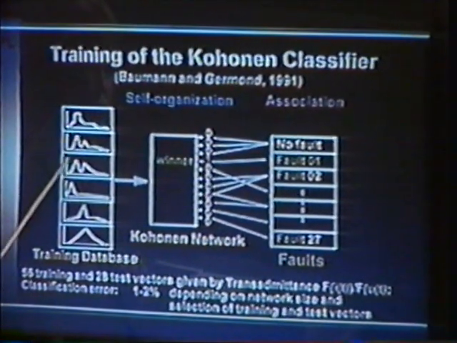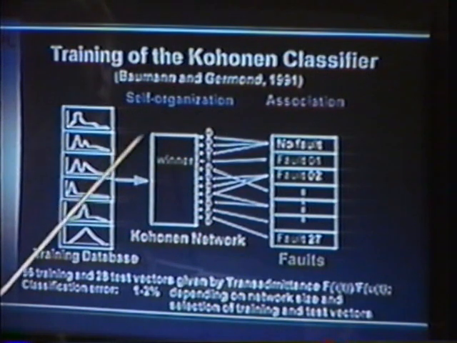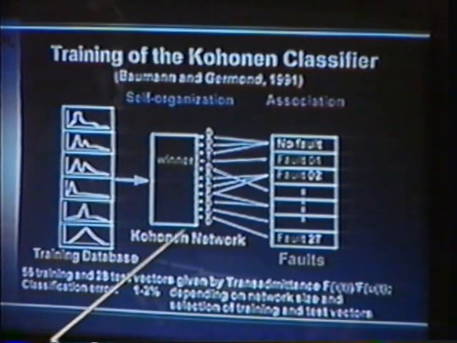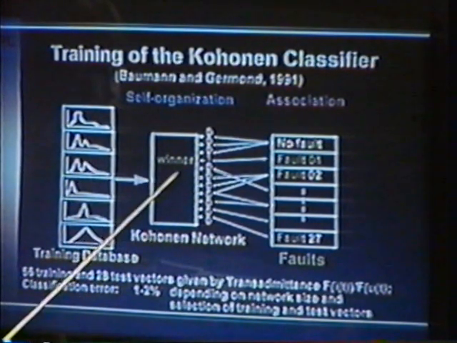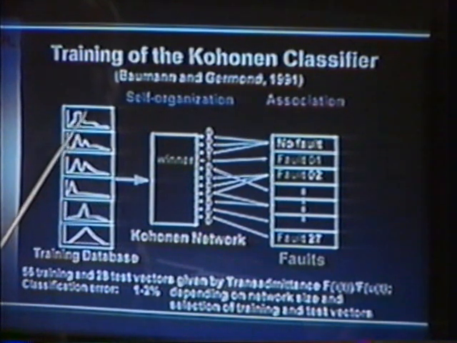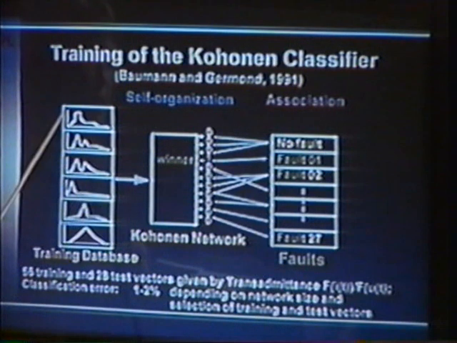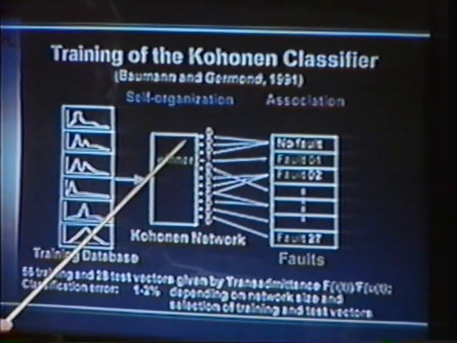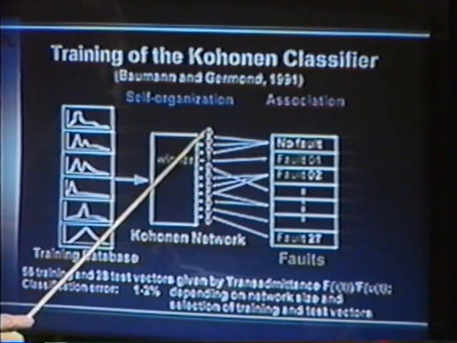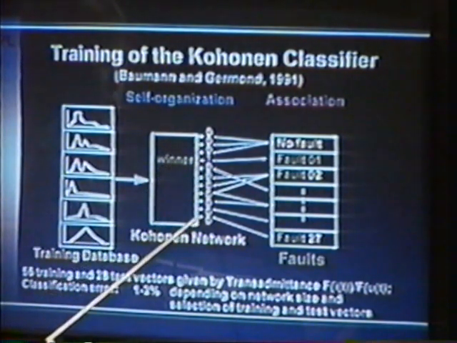And so their database is basically some sort of curves. They were discretizing these curves and training a neural network. Since these transadmittance functions corresponded to normal or faulty behavior of a transformer, they fell into one of the classes established by the neural network.